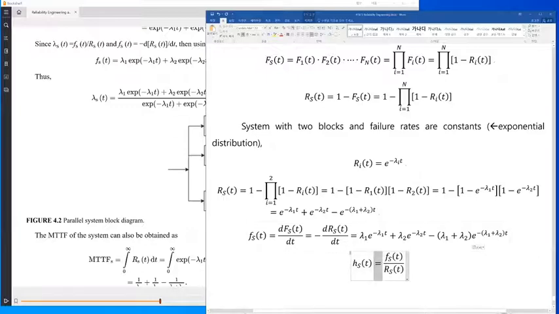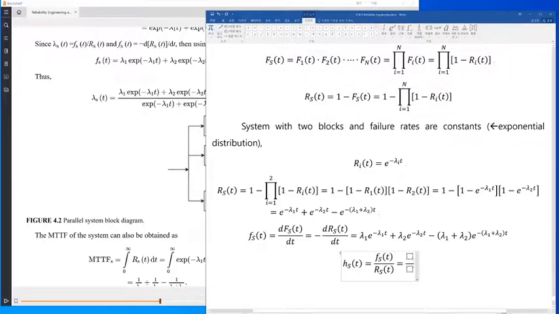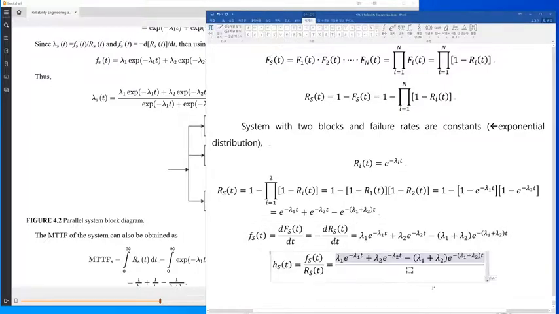So if we calculate this, then we are able to find the relation for the hazard function. This is the function for the probability density function, and this is the system reliability function.